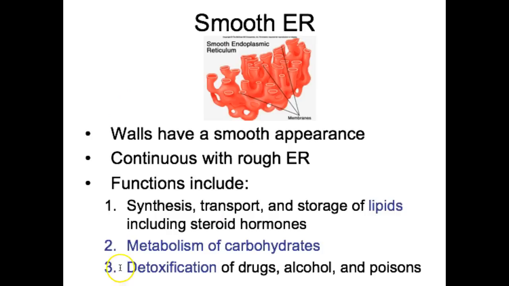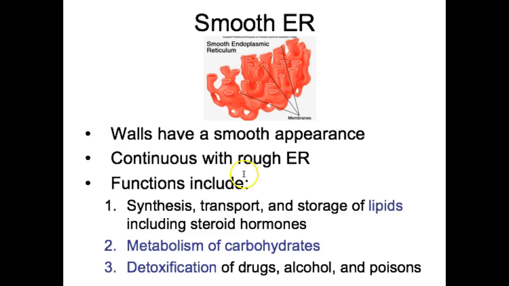The smooth endoplasmic reticulum is also special because it detoxifies some drugs. It's more metabolism. We detoxify drugs by modifying them. We might add something to them or remove something from them. And we change those drugs into a form that our body can get rid of or store safely if we can't physically get rid of it. So for example, alcohol.